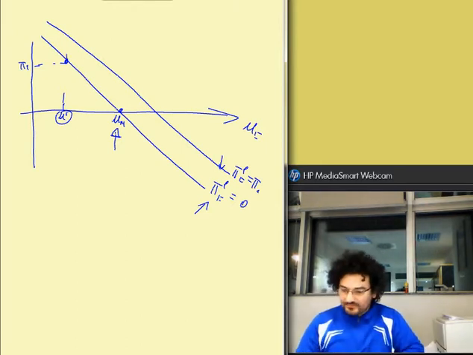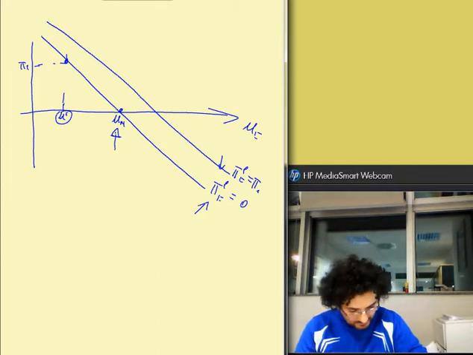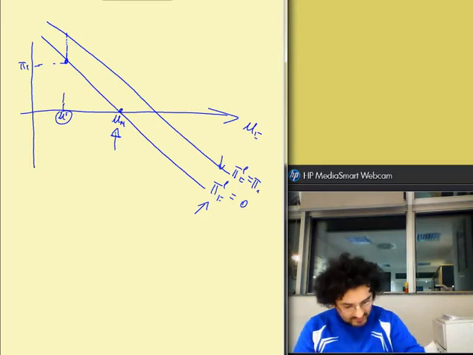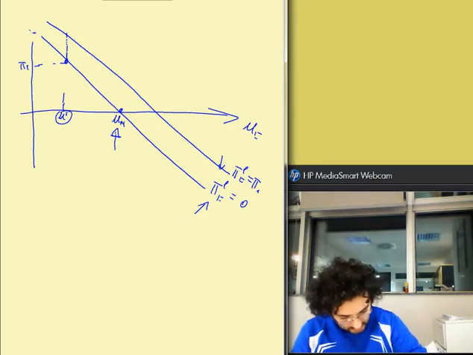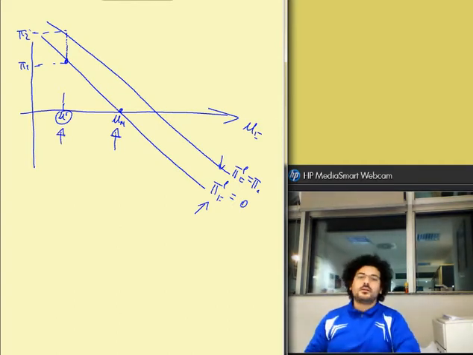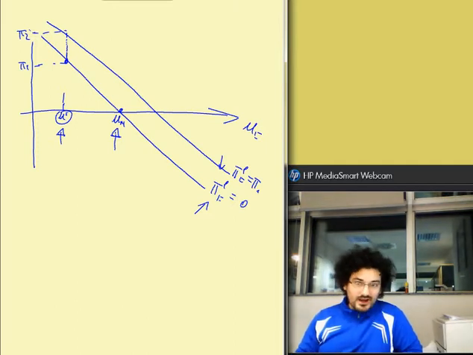According to Friedman and Phelps, if we have an increase in expectation, we then have an increase in inflation rate until pi 2. And if the unemployment rate stays at this level, lower than the natural unemployment rate, we have a continuous increase in inflation rate.